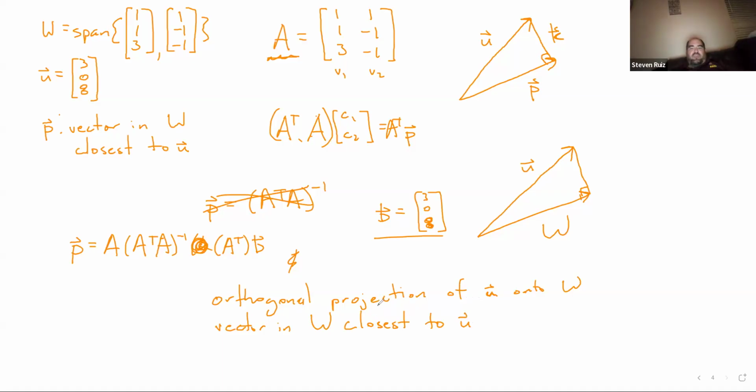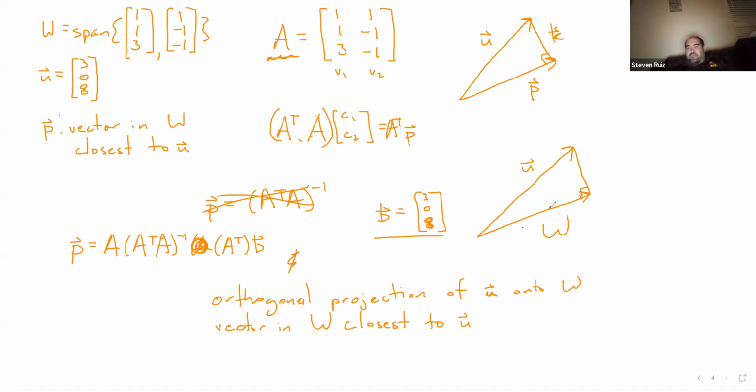So what is the orthogonal projection of a vector? W is the thing I'm trying to project onto. This vector U resembles everything in W to varying degrees. I want the one that it resembles the most.